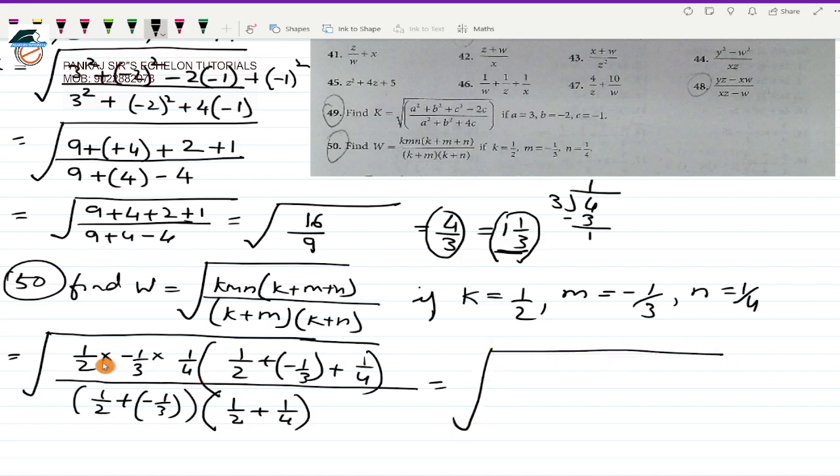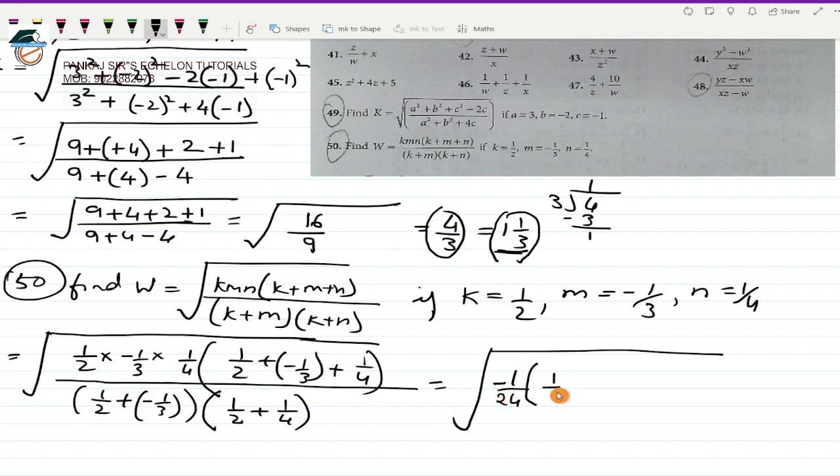Okay, now let us work out this. These are 3 fractions. Okay, 3 fractions, right? So we'll work out this first. You have to multiply them. So multiply the numerators separately. So 1 into minus 1 into 1 will be minus 1 upon 3 2s are 6, 6 4s are 24. So I'll write upon 24. Then there's a bracket. Now I'm going to add this 3. So before adding, I'll remove this bracket.